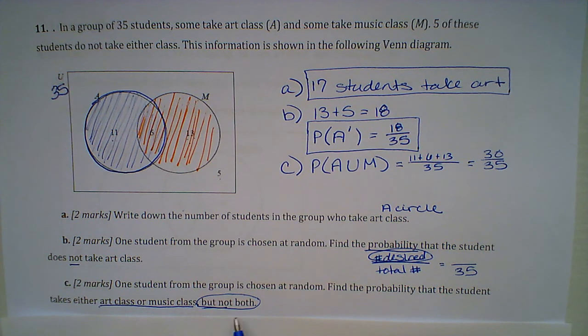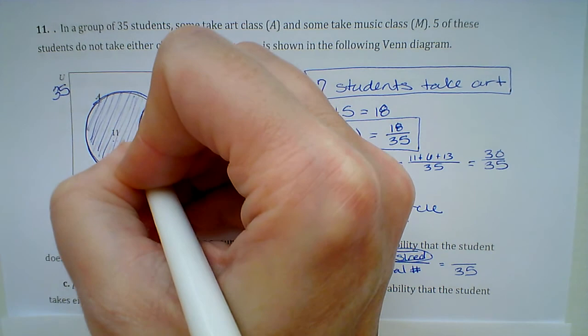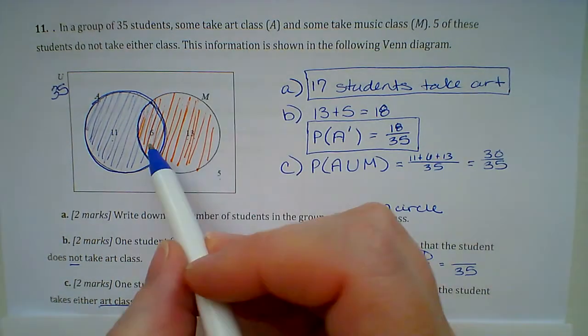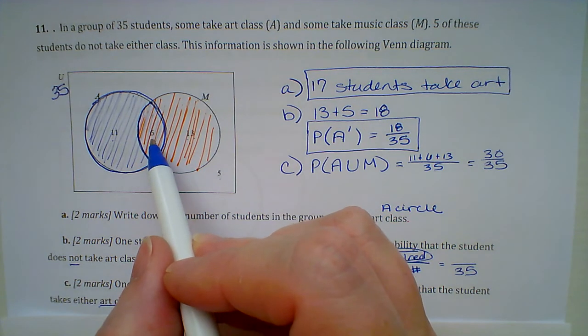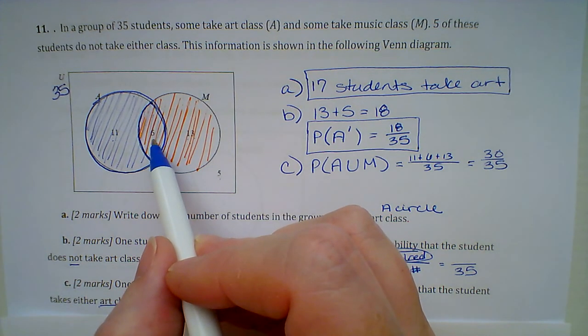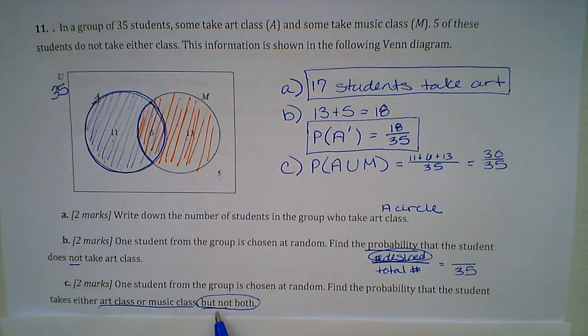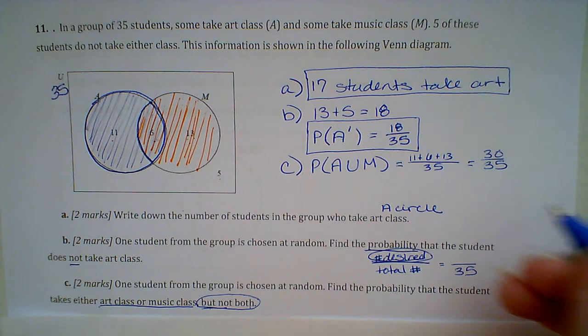Well, if you remember back when we were first talking about this Venn diagram, this little piece in the middle here represents both the art and the music. So it turns out we don't want the 6 in this. We only want the 11 and the 13 because we want but not both. So we don't want that middle piece.